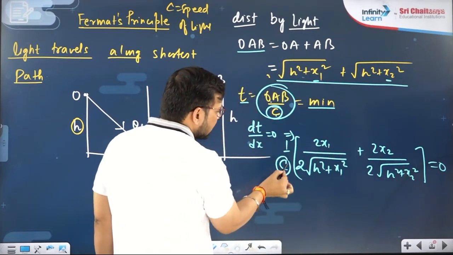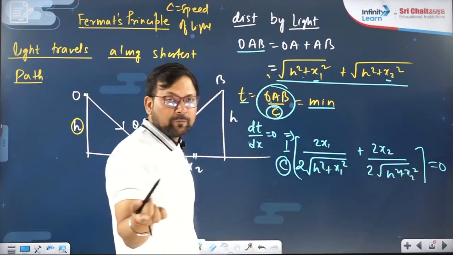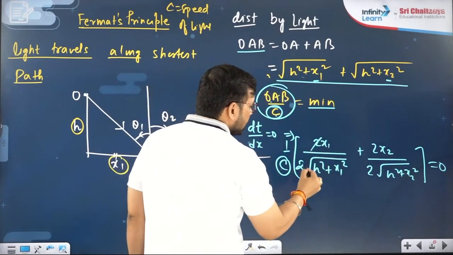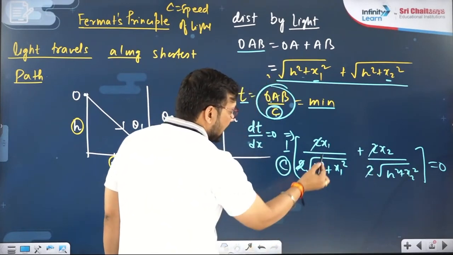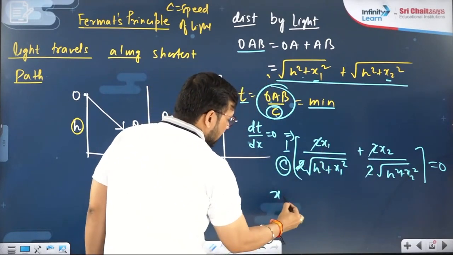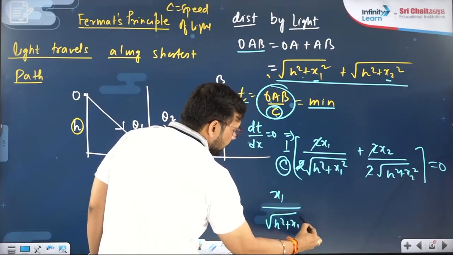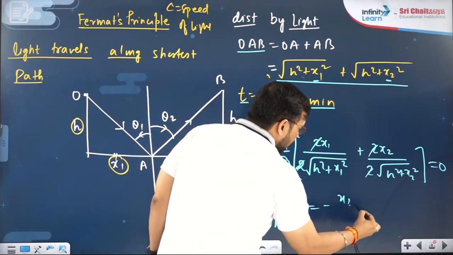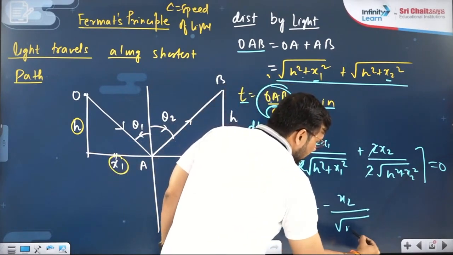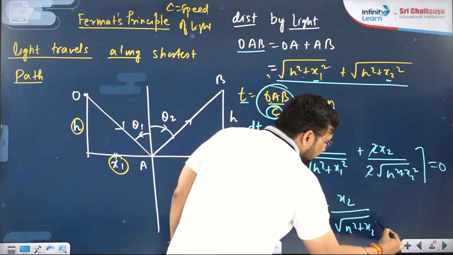Anything multiplied by 0 is 0. 2 will be cancelled, and x1 by under root h square plus x1 square is minus x2 by under root h square plus x2 square.